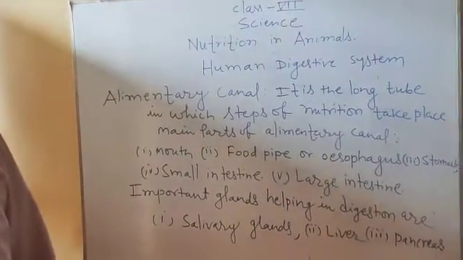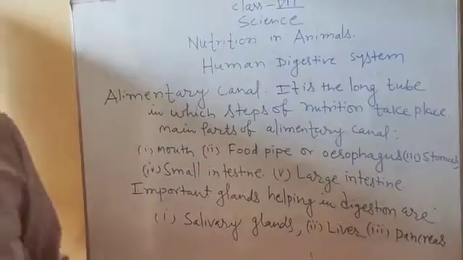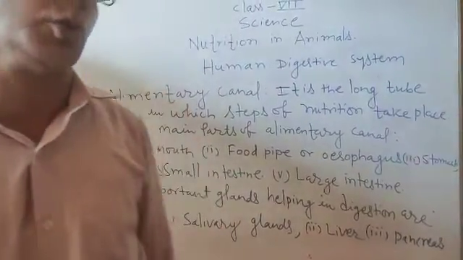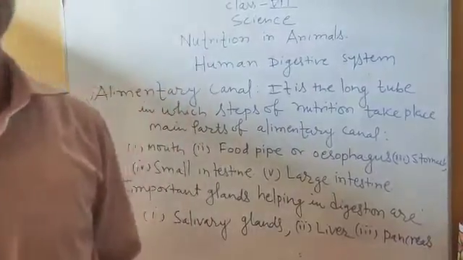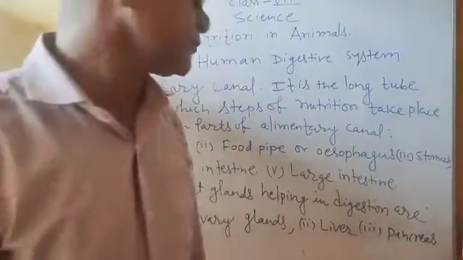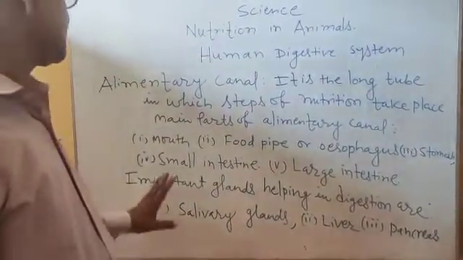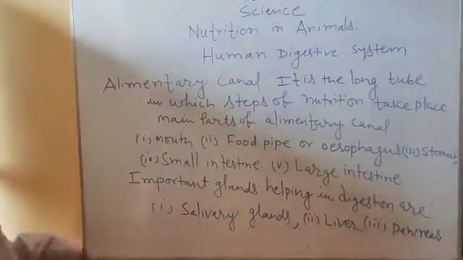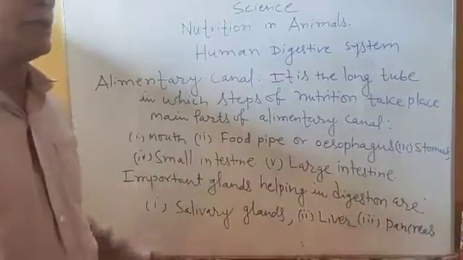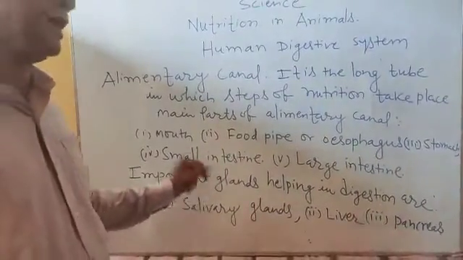The simplest form of carbohydrate after digestion is glucose, and the simplest form of fat is fatty acid and glycerol. So this digested food is absorbed into the small intestine, and it is carried into the blood.